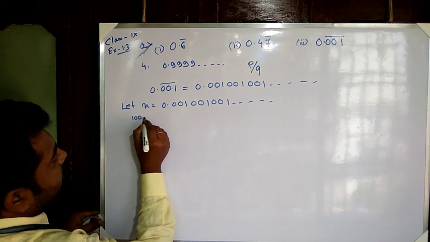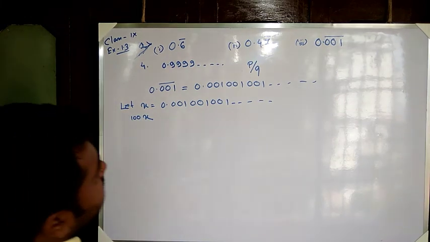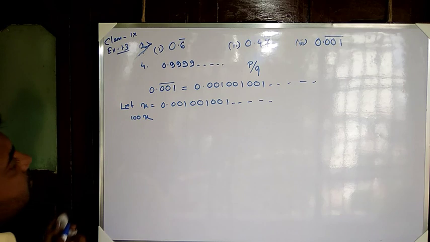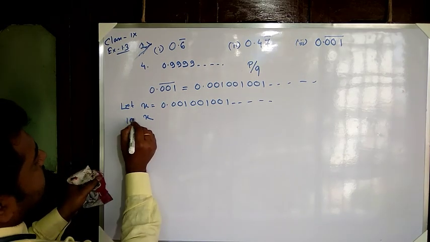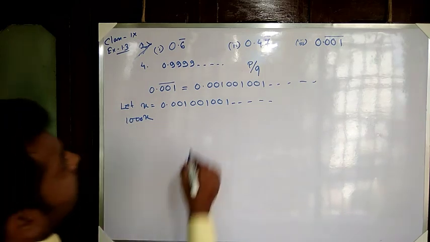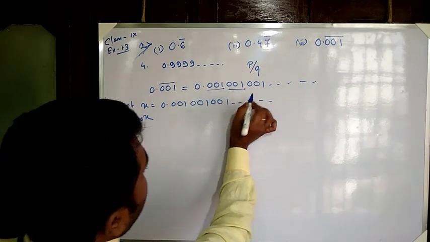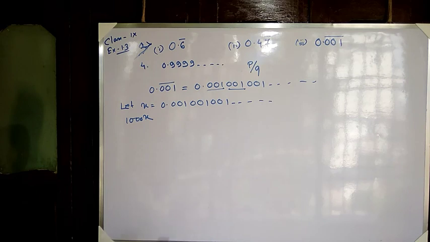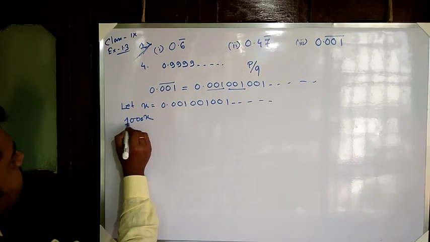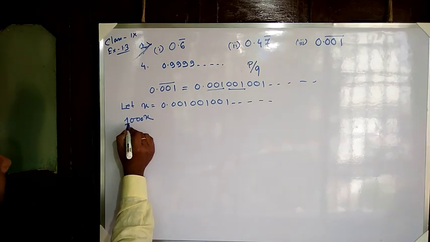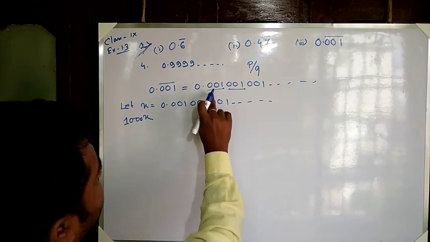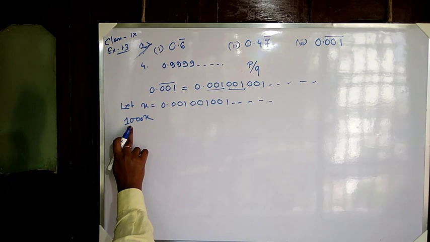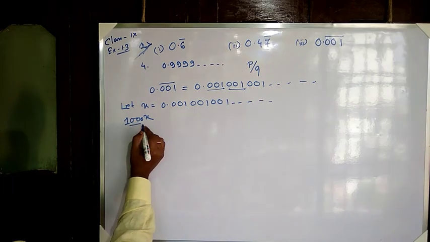Multiply by 1000x. After 3 places it is repeating, so that's why I am multiplying by 1000, because after 1 how many 0s are in 1000? 3 zeros. As here there are 3 terms, that's why 1000x.